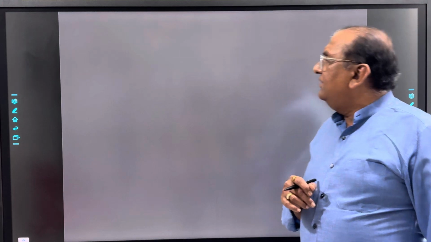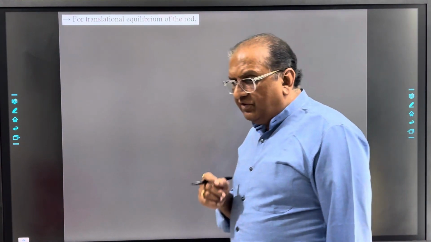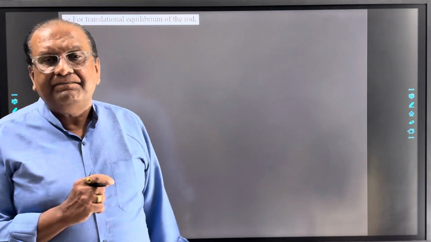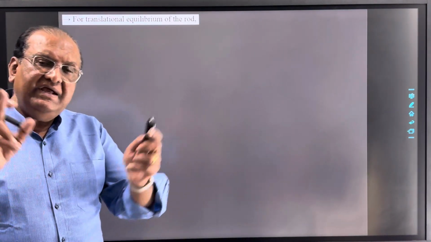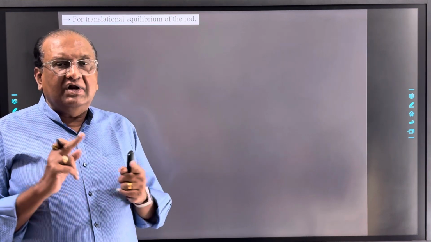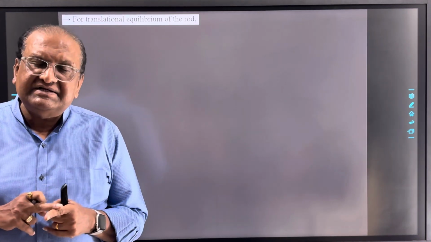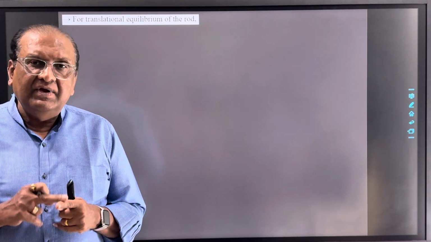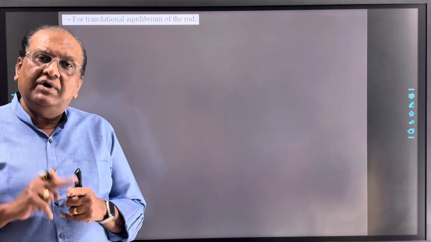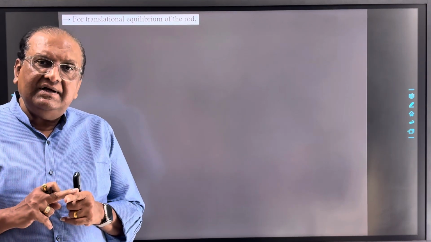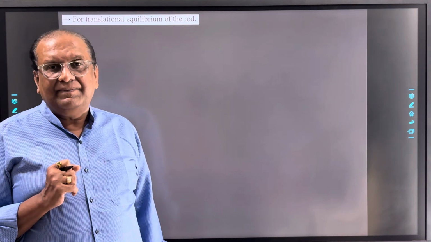Okay. Now first consider the translational equilibrium. So for translational equilibrium, net force acting on the rod will be equal to 0. Total how many forces are acting? So two reactions, R1, R2. One, weight of rod itself. Second one, the weight W1 suspended at point P. Total 4 forces are there.